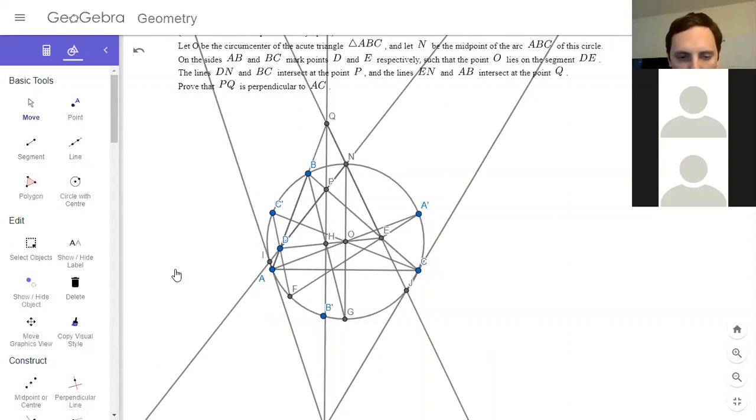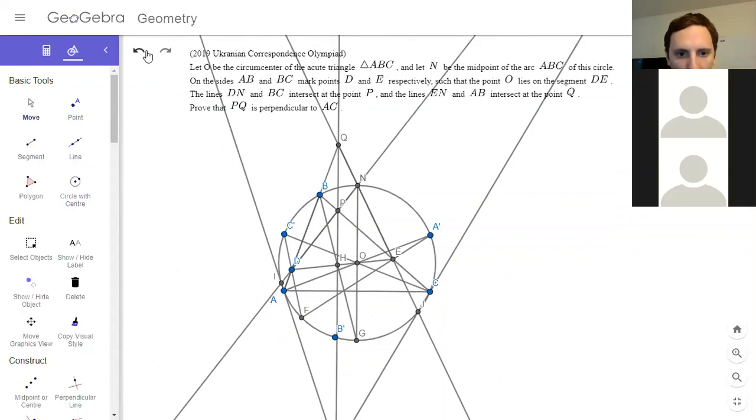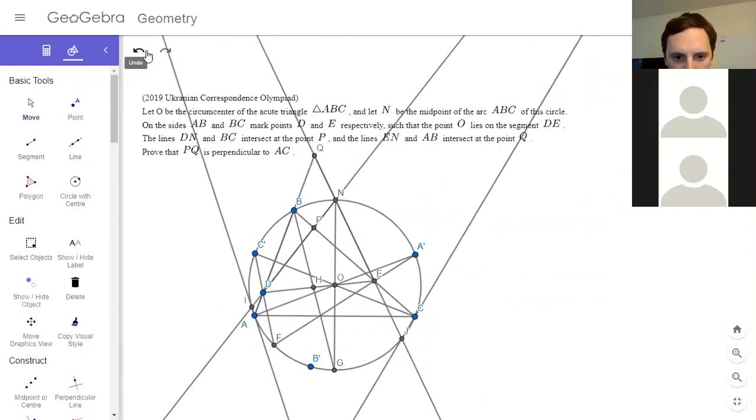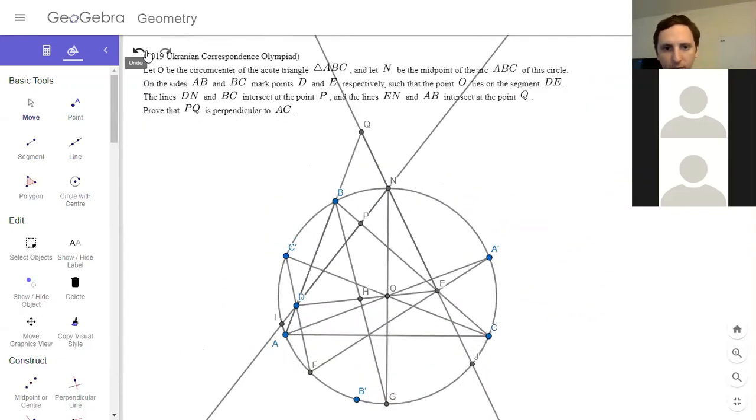Okay, I'm gonna take a look. So yeah, can we show AI and CJ? So if they meet at a point, it's collinear with P and Q. Can we show that line is parallel to NG? I don't know.